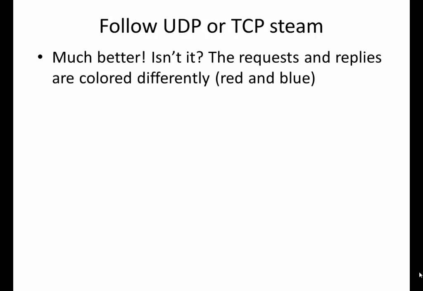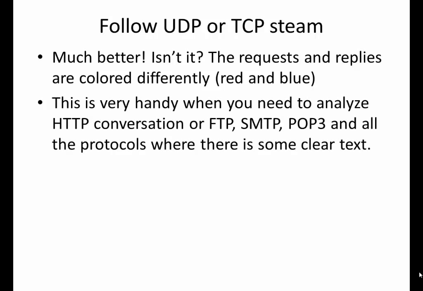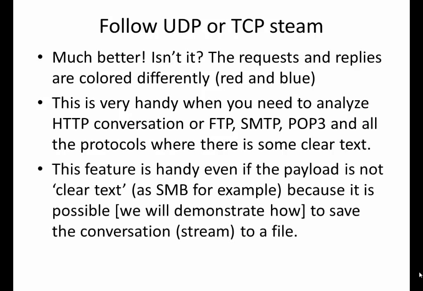The requests and replies are colored in red and blue, and this is very handy to analyze HTTP conversation, FTP conversation, SMTP, POP3, all the protocols where there is at least some clear text. It also works even if the payload is not totally clear text, like SMB, for example, and we will demonstrate how to save the conversation stream to a file.